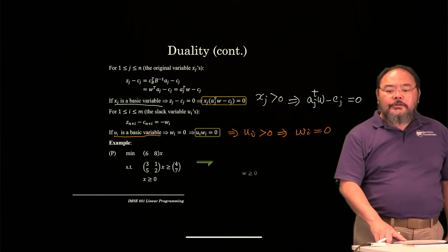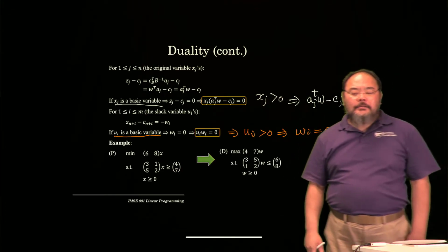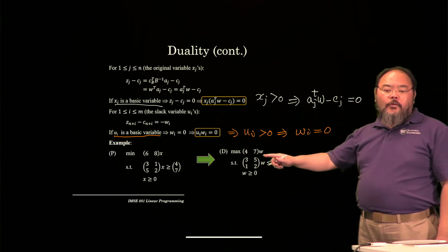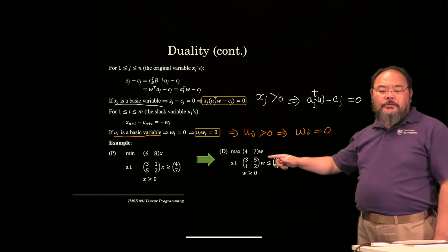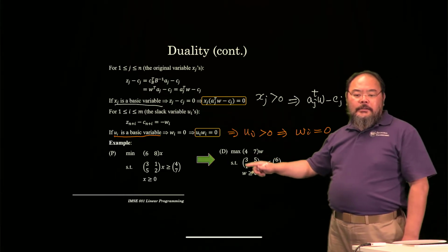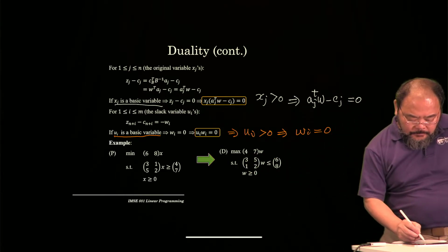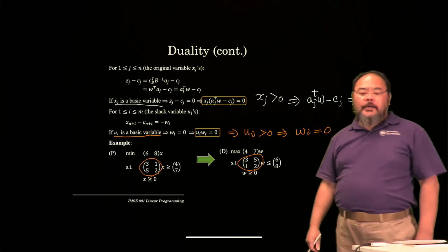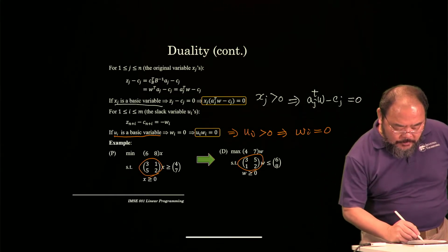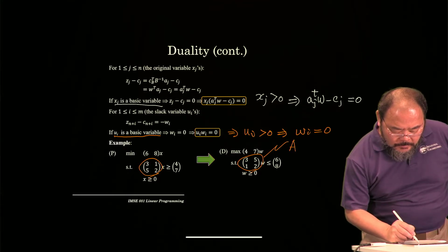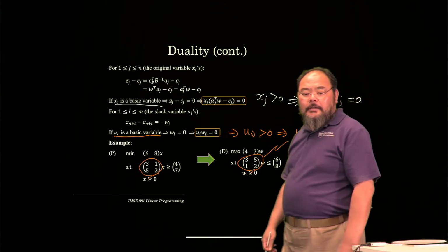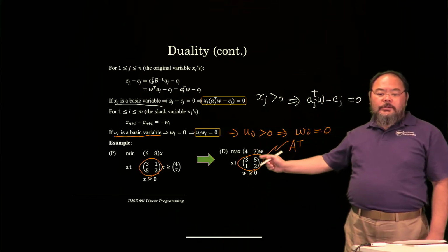Their corresponding dual problem becomes a maximization problem: maximize 4 omega 1 plus 7 omega 2. And look at this part and that part. It's just a transpose matrix. So this is A transpose.